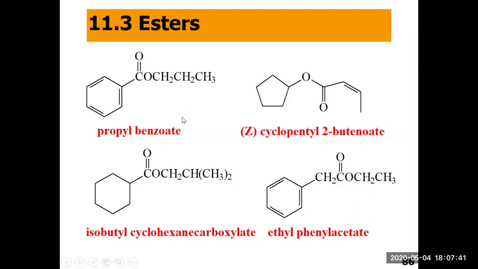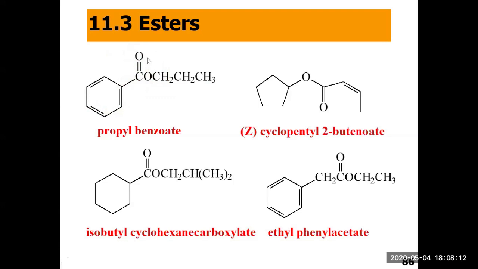All right, so let's take a look at the first example in this set of molecules. All right, so this is an ester. You should recognize that this is an ester because you have the carbonyl group, and this one is bonded to an oxygen, and this oxygen is bonded to a carbon. So this is an ester group. Again, we have 2 parts of an ester, the alkyl group and the acyl group.